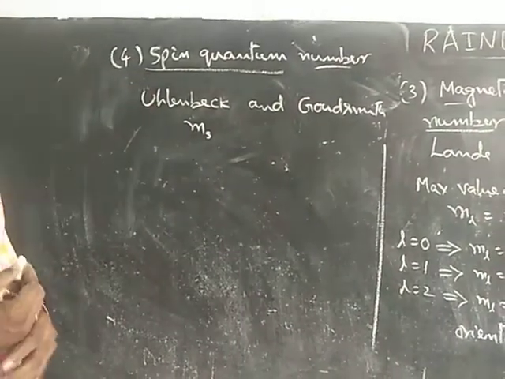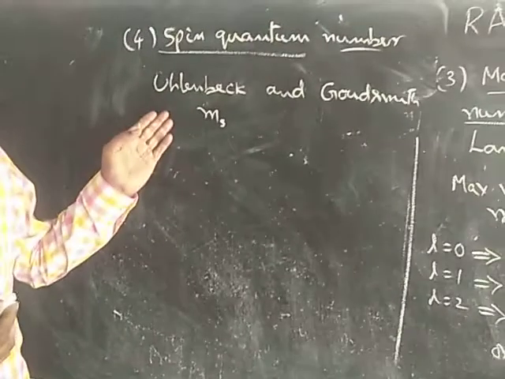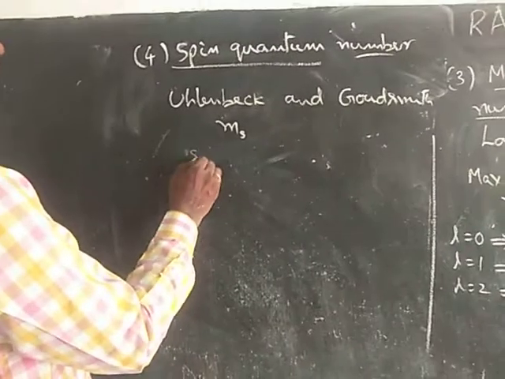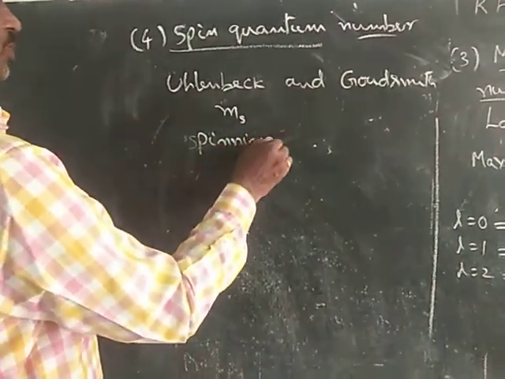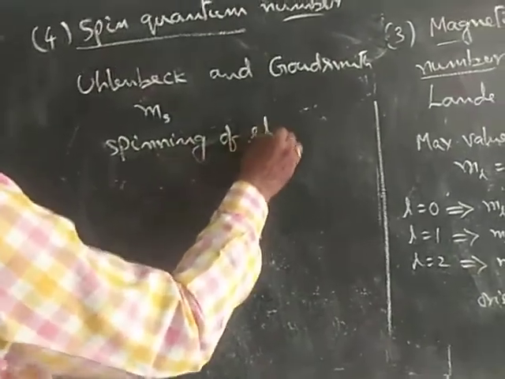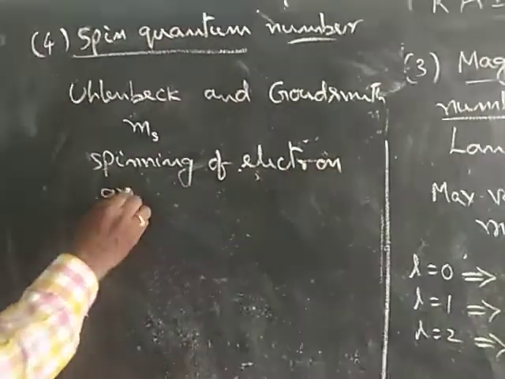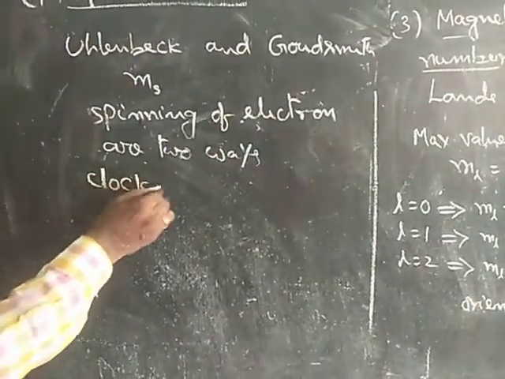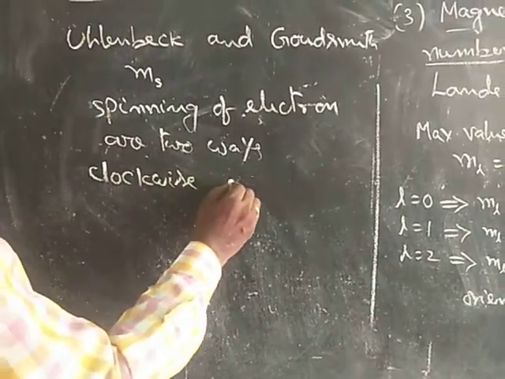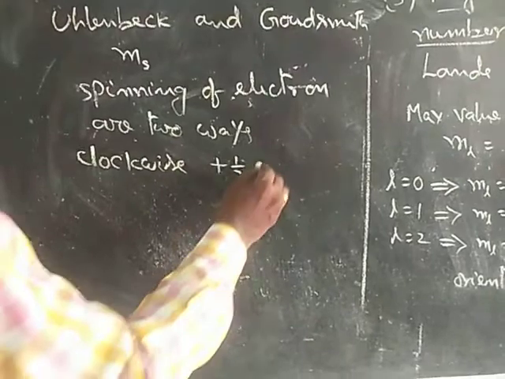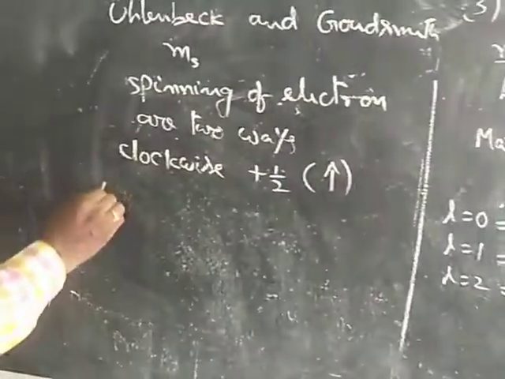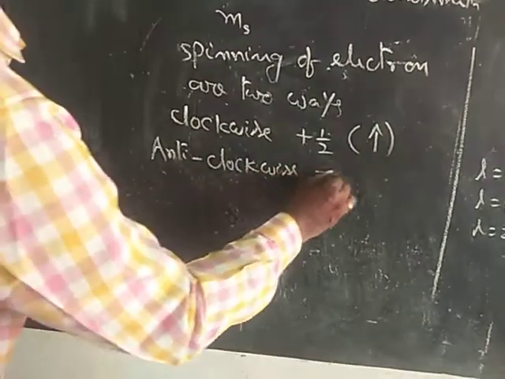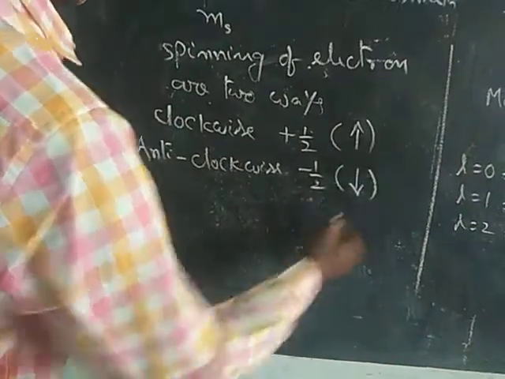Uhlenbeck and Goudsmit proposed that spinning of the electron, that is rotation, takes place in two ways: clockwise spinning, denoted by +1/2 with an upward arrow, and anti-clockwise spinning, which means -1/2, represented by a downward arrow.